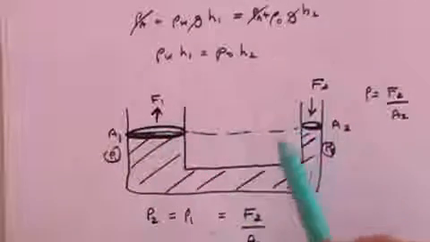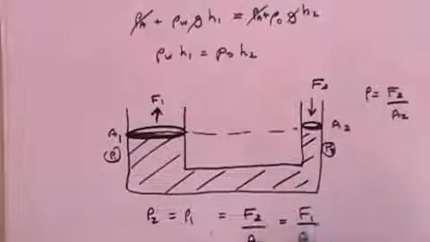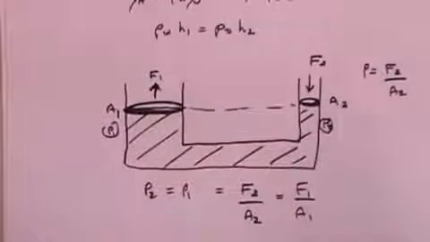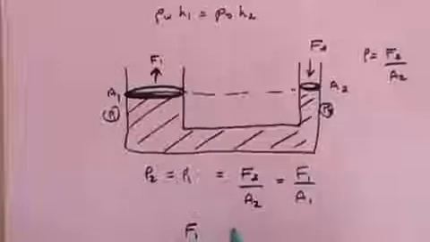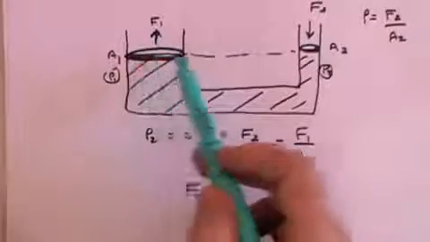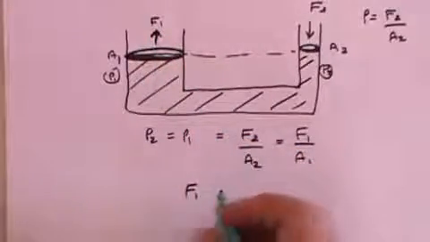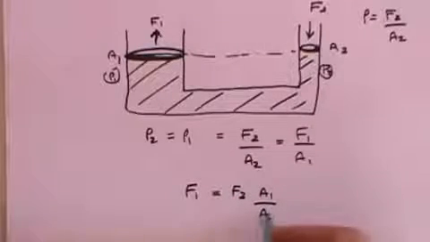And P1 is this force divided by this area. And so now we have that F1, which is the force that is pushing this platform here up, is equal to F2 times A1 over A2.